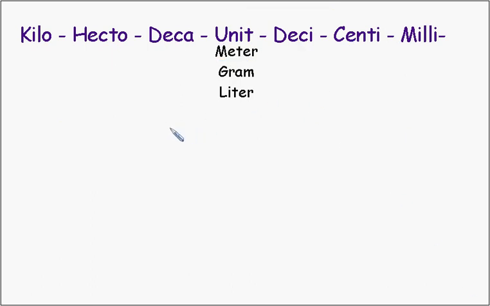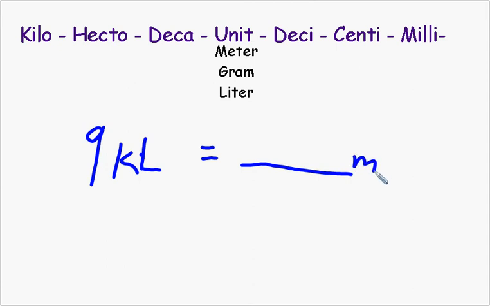Let's do another one. Let's say I have 9 kiloliters, kL, and I want to see how many milliliters that is, blank mL. So the first thing I ask myself is, I'm at kiloliters. Which direction do I go to get to milliliters? I'm going to the right. If I'm going to the right, I'm moving the decimal to the right. I'm going to write the 9 here, and the decimal would be right next to the ones.